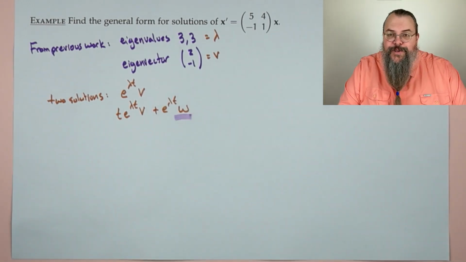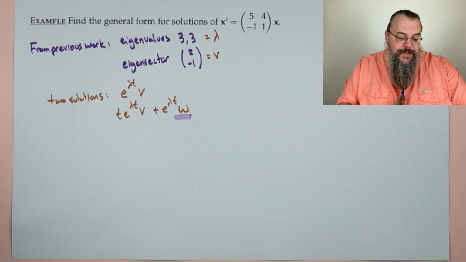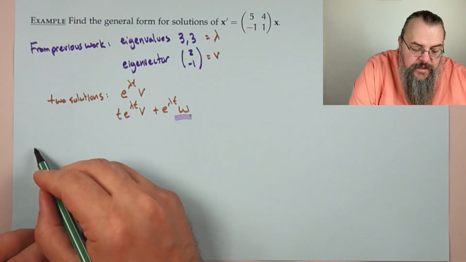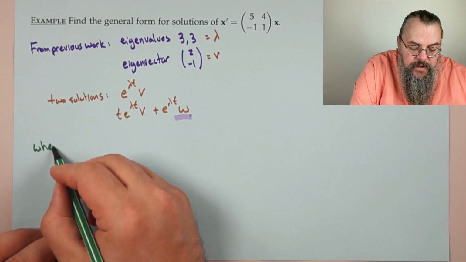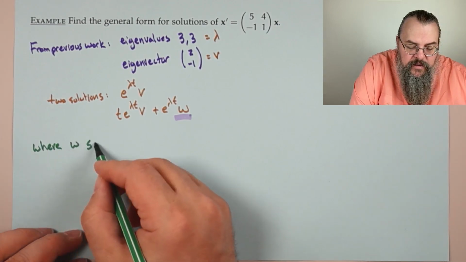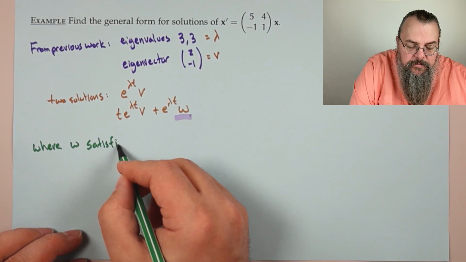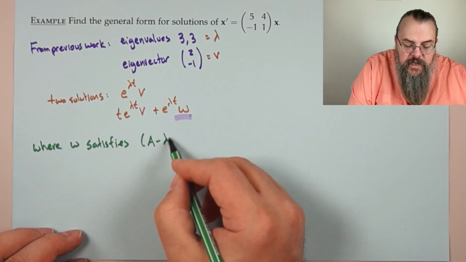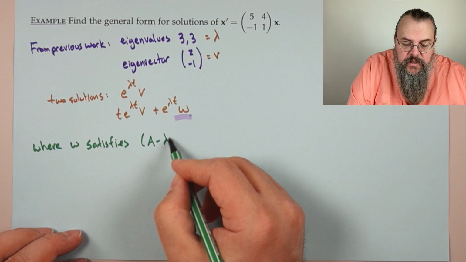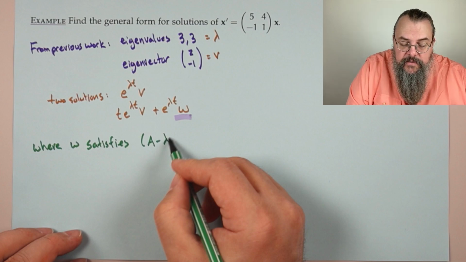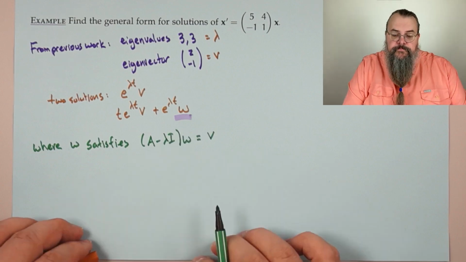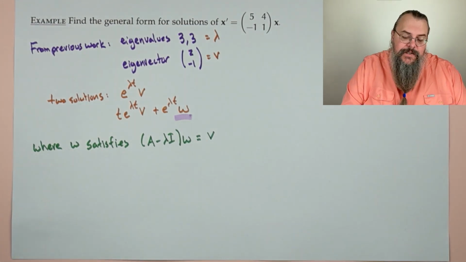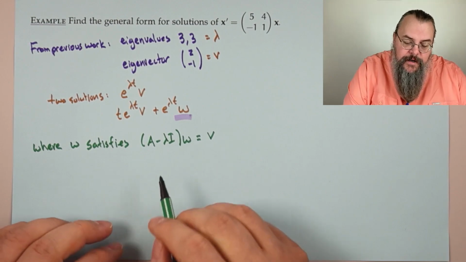Well, if we copy what we had from what we just talked about, what we need is w satisfies the following, namely, we look at A minus lambda I times w, and we should get out our vector v. Okay, so that's our goal. Now let's look at our matrix here.